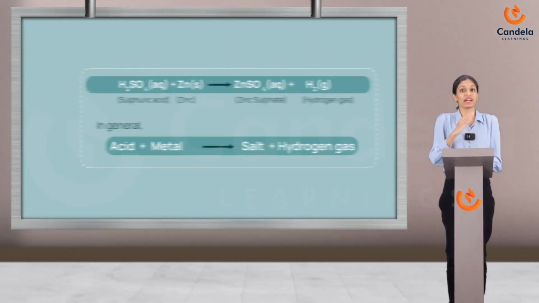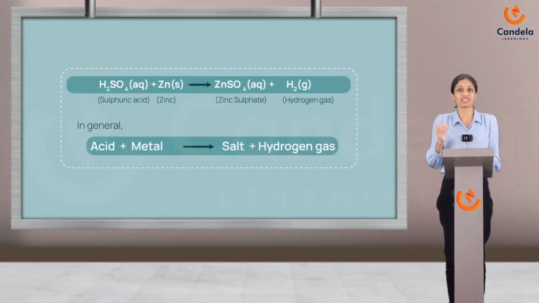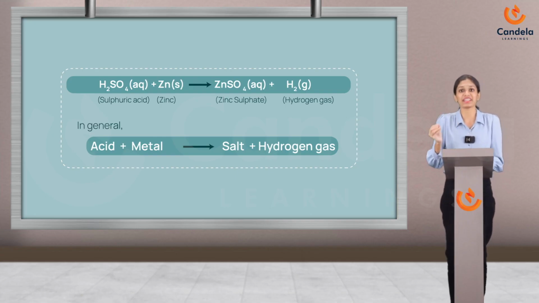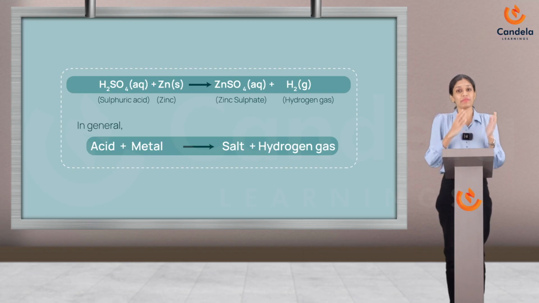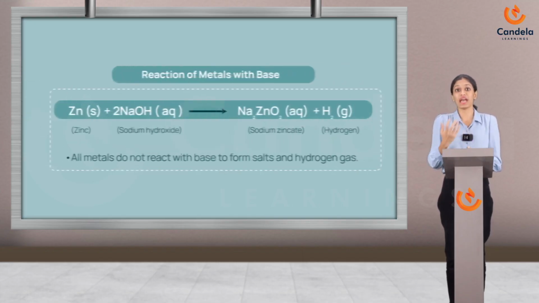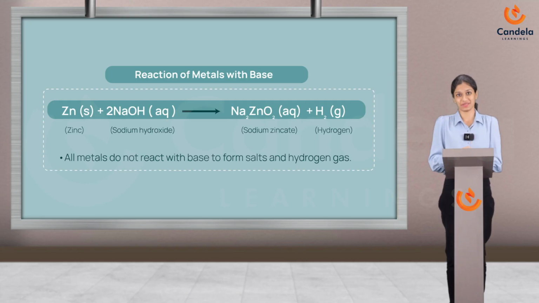That is, when dilute sulfuric acid reacts with zinc, we will be getting zinc sulfate and hydrogen gas. Or in general, we can say that when a metal reacts with an acid, we will be getting a salt plus hydrogen gas. Now what about bases? What happens when a base reacts with metals?